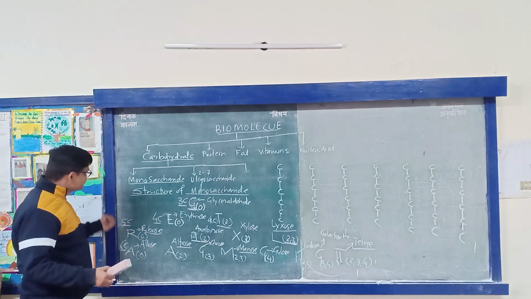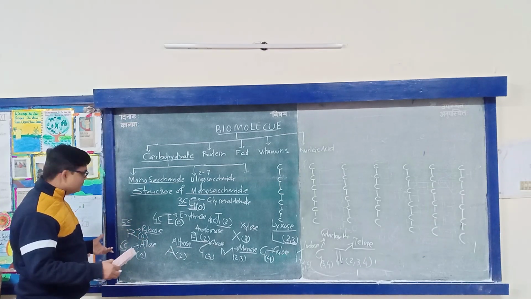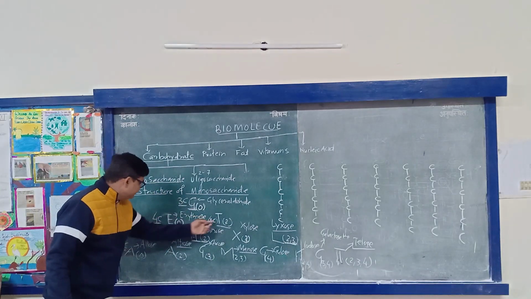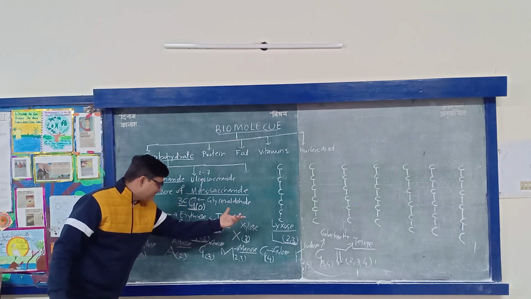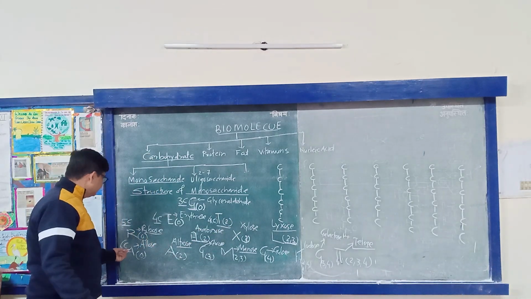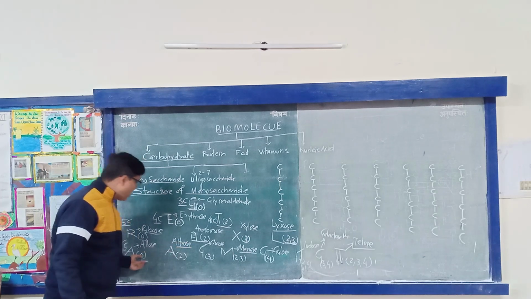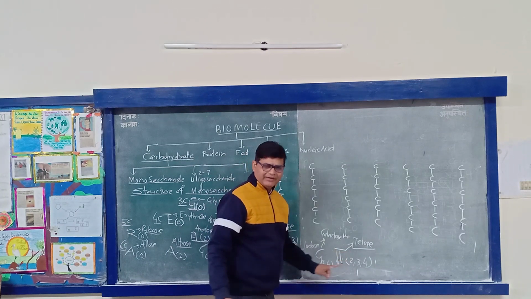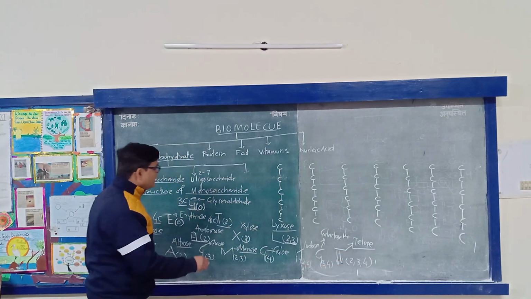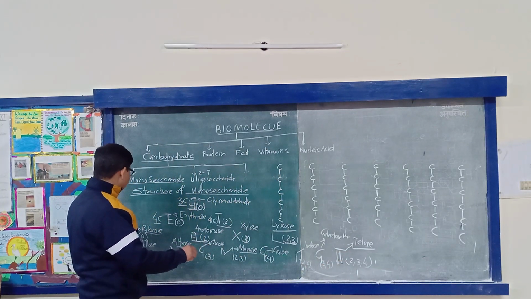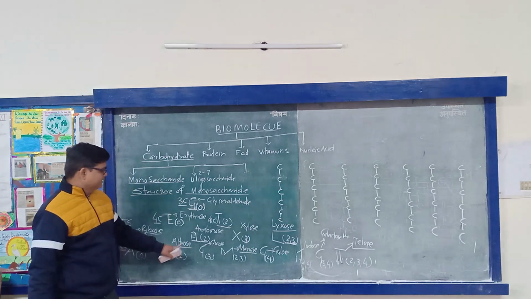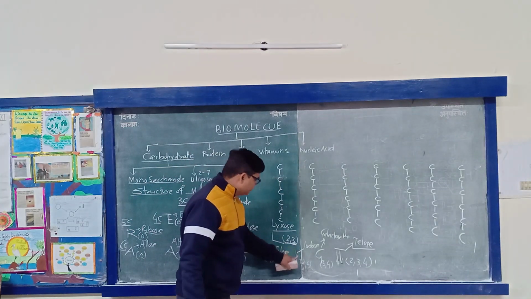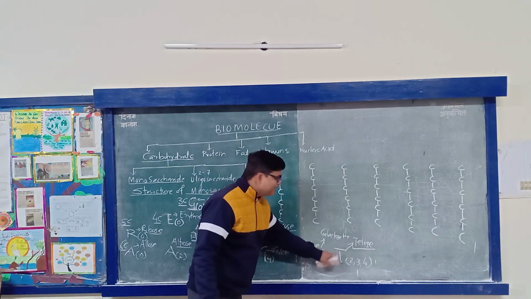For remembering the 6 carbon containing monosaccharides, you can remember the mnemonic: get. In this way you have to draw the structure of first Allose, then Altrose, then Glucose, then Mannose, then Gulose, then Idose, then Galactose and then Talose.